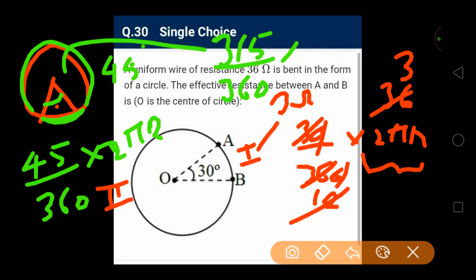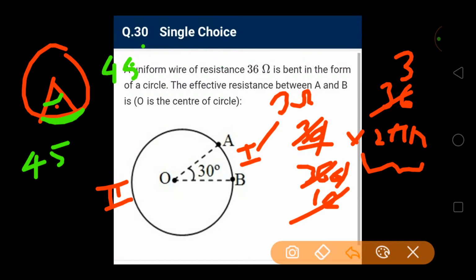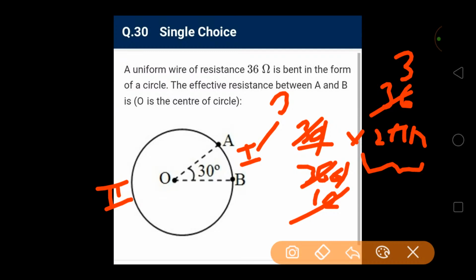That concept only I am applying here. This concept has been discussed in the concept strengthening sheet. You may refer to that. So if this is 3, this should be 33.